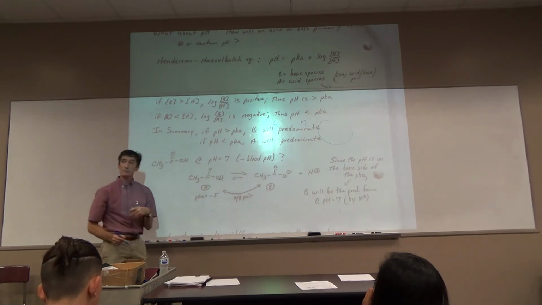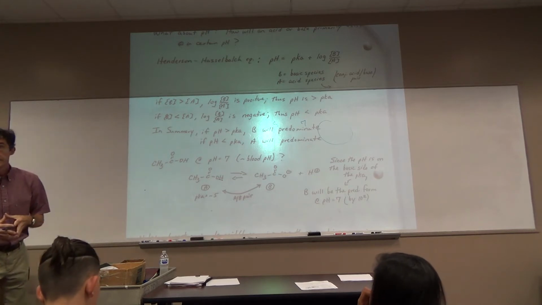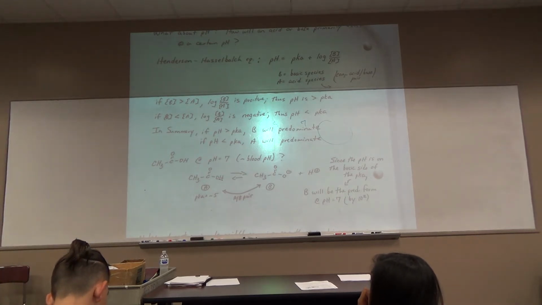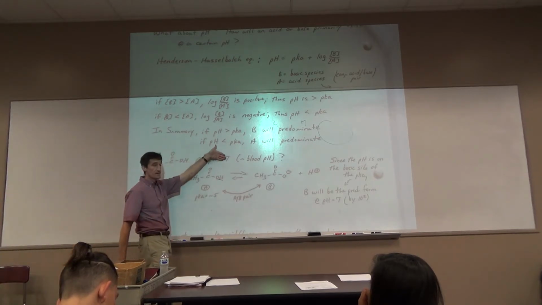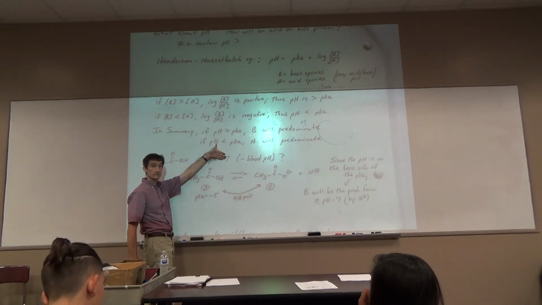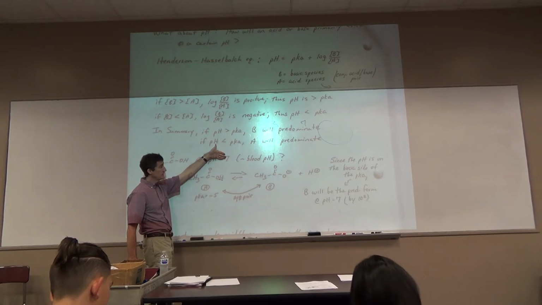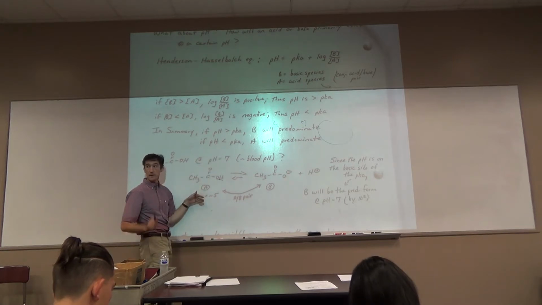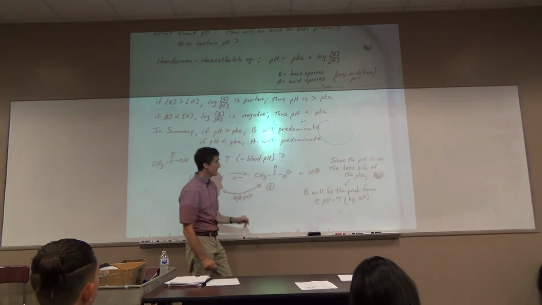The high side, is that the basic side or the acidic side? In terms of pH, high pH is basic, right? Yeah. This is on the high side of the constant, which is the basic side. The basic form will predominate. By how much? By the difference in your log units. By 2, 10 to the 2.